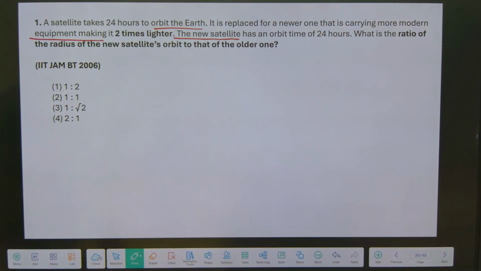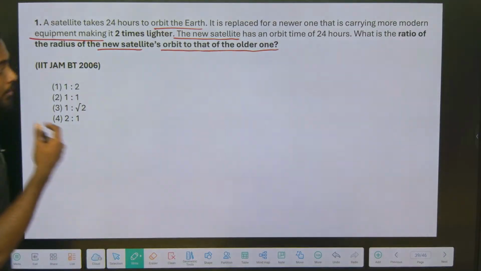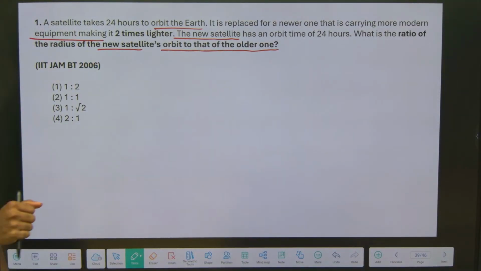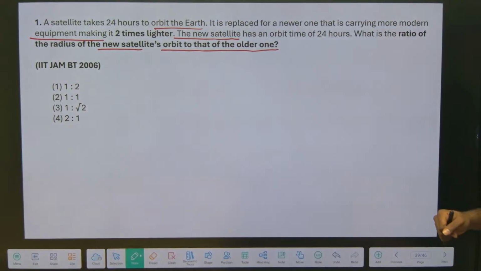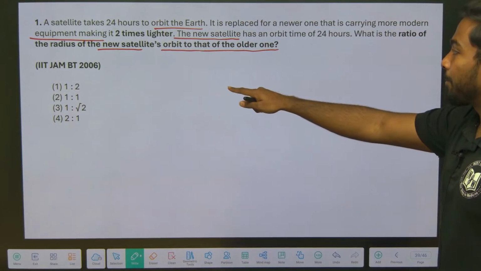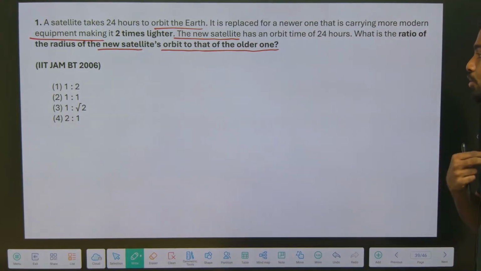What is the ratio of the radius of the new satellite orbit to the older one? What is the answer for this given question? It is an IIT JAM BT 2006 question. Options are given: 1:2, 1:1, 1:√2 and the 4th one is 2:1.